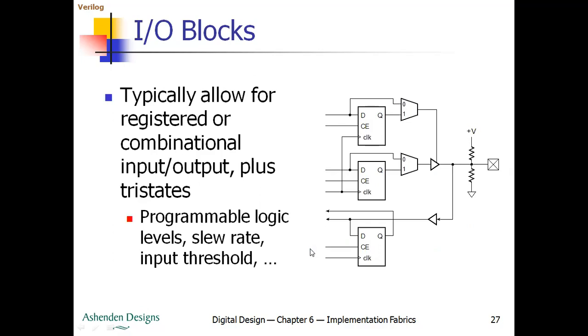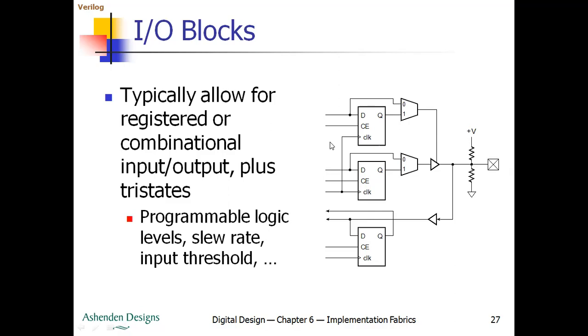Next we have the IO blocks. These IO blocks have registers and multiplexers, which control the output tri-state drivers. The registers and multiplexers are directly connected to the output from the logical blocks.